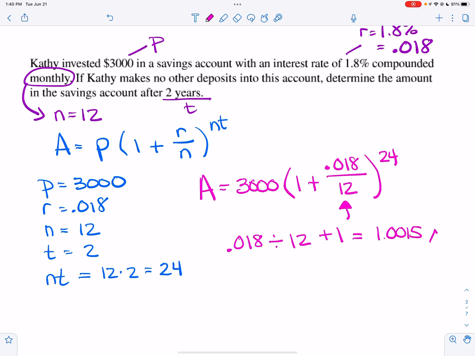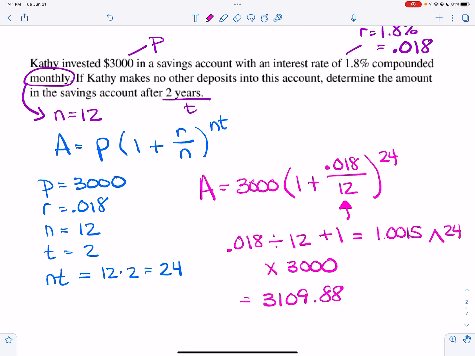Then I'm going to use the caret top, or the exponent key, and raise it to the 24th power. Here you're going to see an extremely long decimal. I'm just going to leave it on that calculator, and then I'm going to multiply it by 3,000. And so I'm going to get 3,109.883.